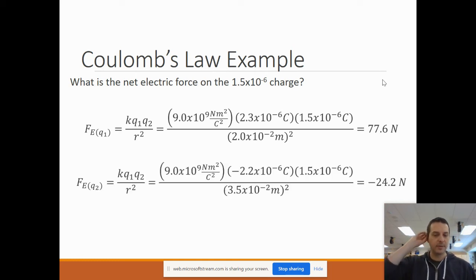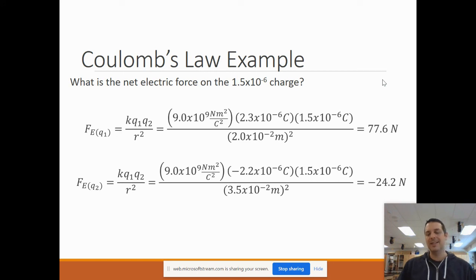In the second one, we have the same exact idea, except now the rightmost charge is negative 2.2 times 10 to the negative 6 coulombs, and it has a little bit more distance, 3.5 times 10 to the negative 2 meters. In this scenario, this is going to be an attractive force, pulling it to the right. So the first one is a repulsive force.